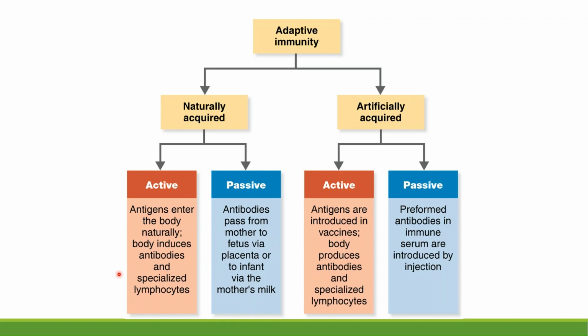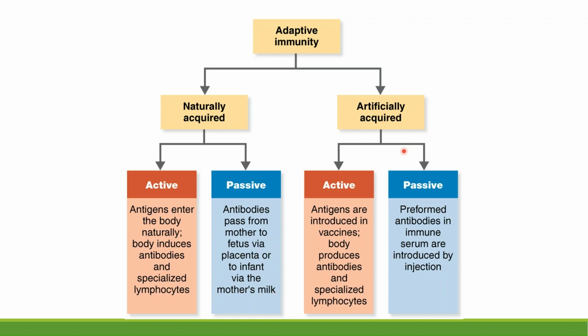And so you actively produce your own memory to that particular pathogen and attack for that particular pathogen. Now, passive is when you don't do it. Naturally acquired passive immunity is where antibodies are passed from mother to fetus. The mother makes the specialized lymphocytes and antibodies, but she passes them to the fetus through either the placenta or the mother's milk.